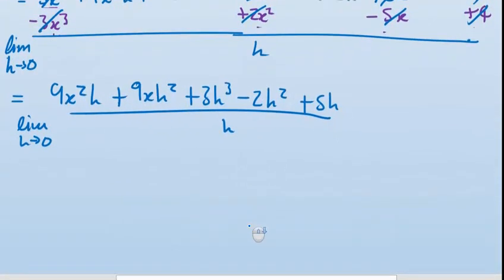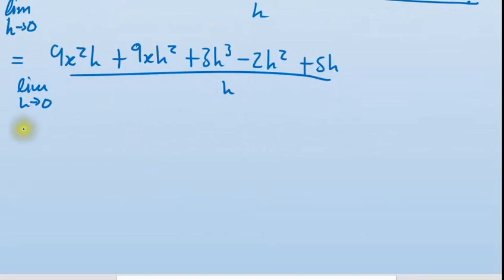Continue with it. You will find that h is a common factor. It's 1h common because there's 1h as the lowest degree.